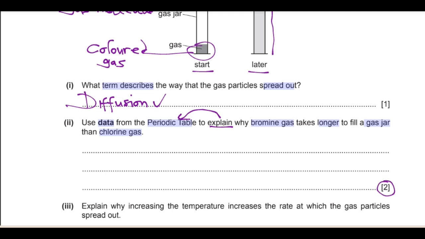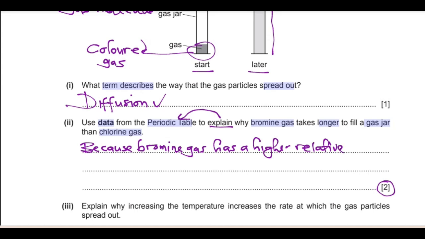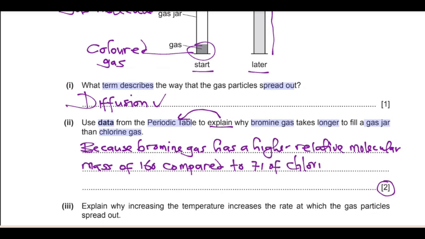We are going to say because bromine gas has a higher relative molecular mass of 160 compared to 71 of chlorine.